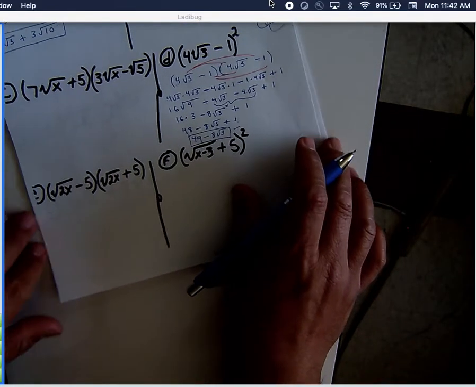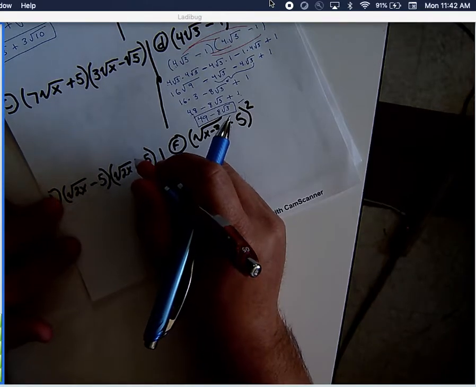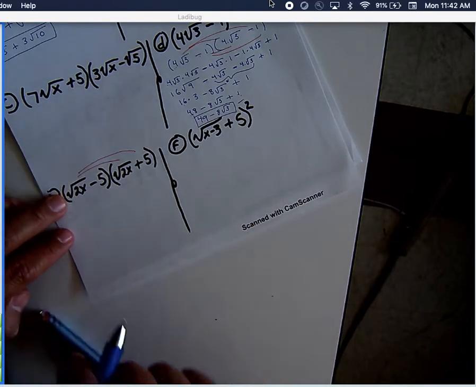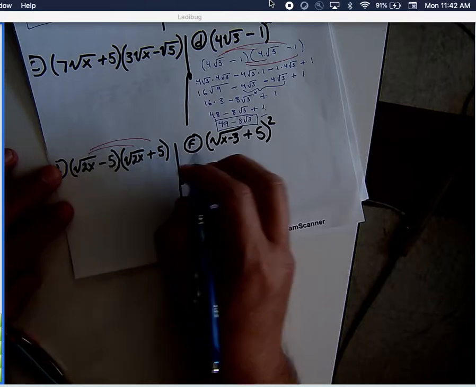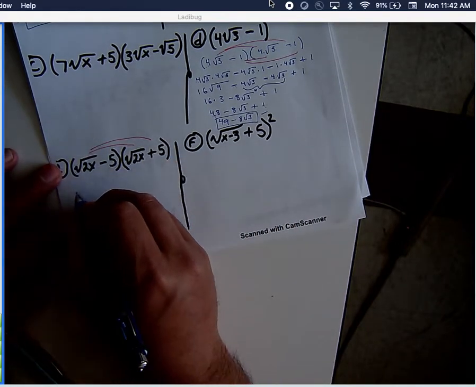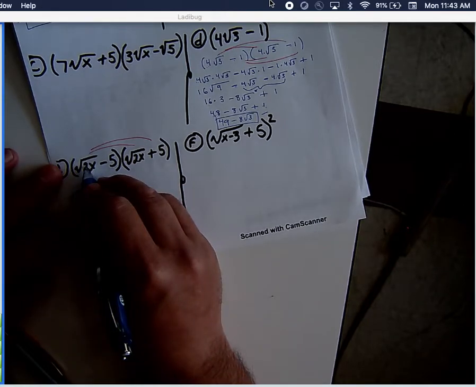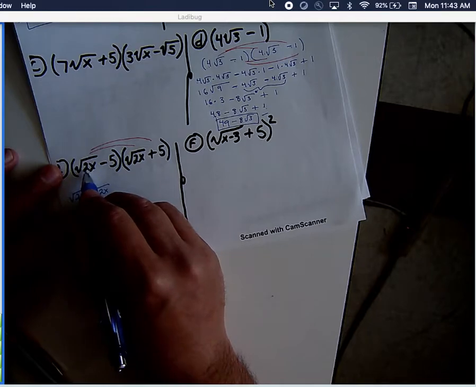Okay, let me do E. So the same like that. There's a new concept here. I don't know if you guys are familiar. But no, actually, I'm not gonna do it like that. So 2x times square root of 2x, and then negative, positive.